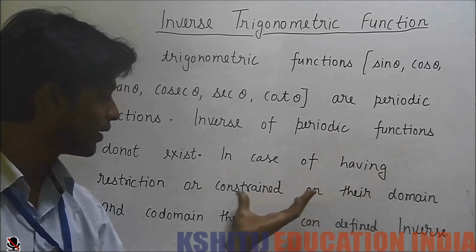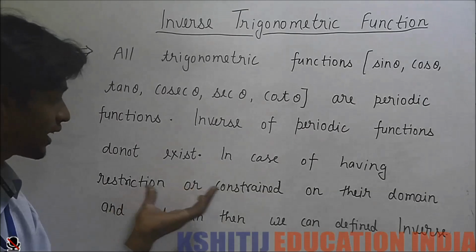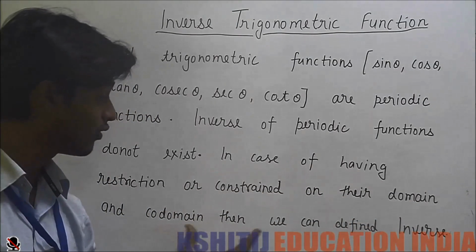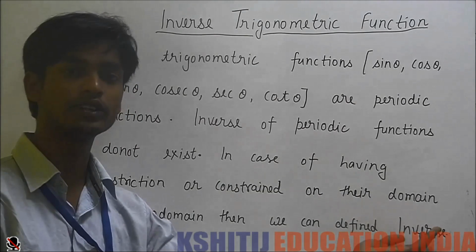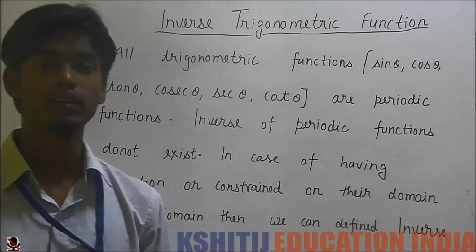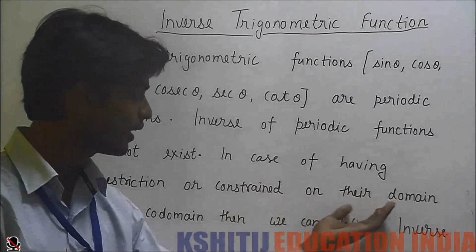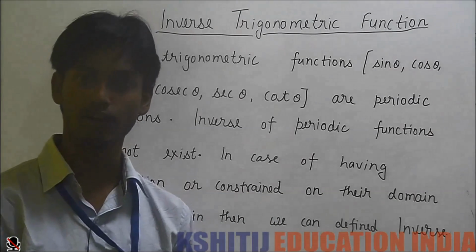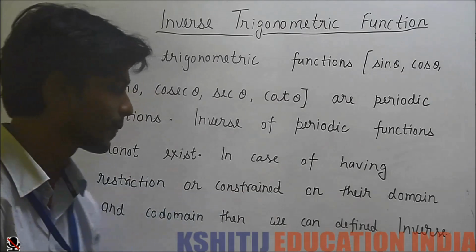But when we apply a restriction or constraint on the domain and the codomain, then we can define the inverse of the trigonometric function. Because of the restriction on their domain and the codomain, we can convert our trigonometric function, our periodic function, into a bijective function.